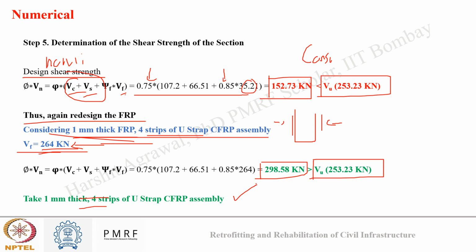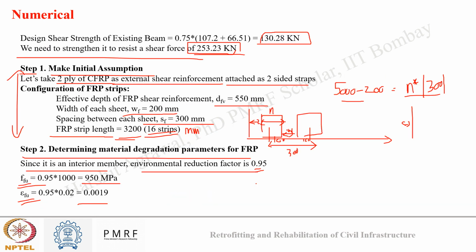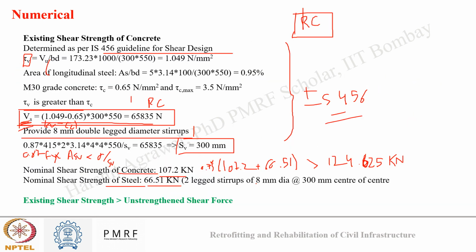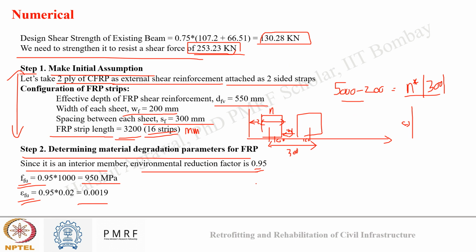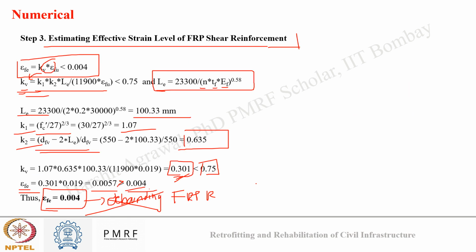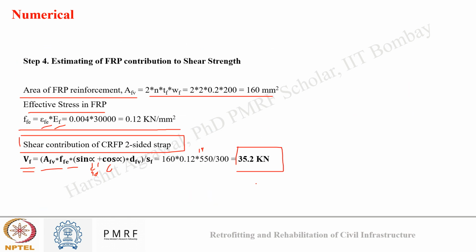Any doubt in the solution? Initially we designed the reinforced concrete. We calculated the shear strength of concrete and the shear strength of steel. We checked whether the initial concrete is safe for undergoing retrofitting or not. Then we made our initial assumptions of CFRP, determined the material degradation factor, and estimated the effective strain in FRP.